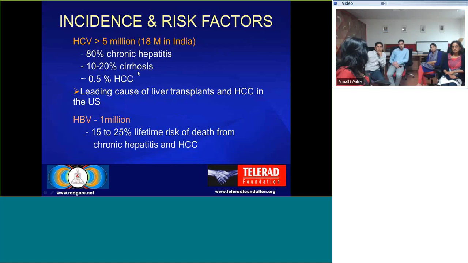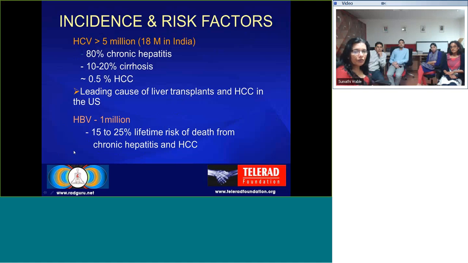When you look at these numbers, they're not really that small, and with a lead time of 10 to 20 years, you can see how many of them, about 80% of these people who are infected, will eventually get chronic hepatitis, and out of that 10 to 20% are going to get cirrhosis, and eventually quite a few of them will develop liver cancer.